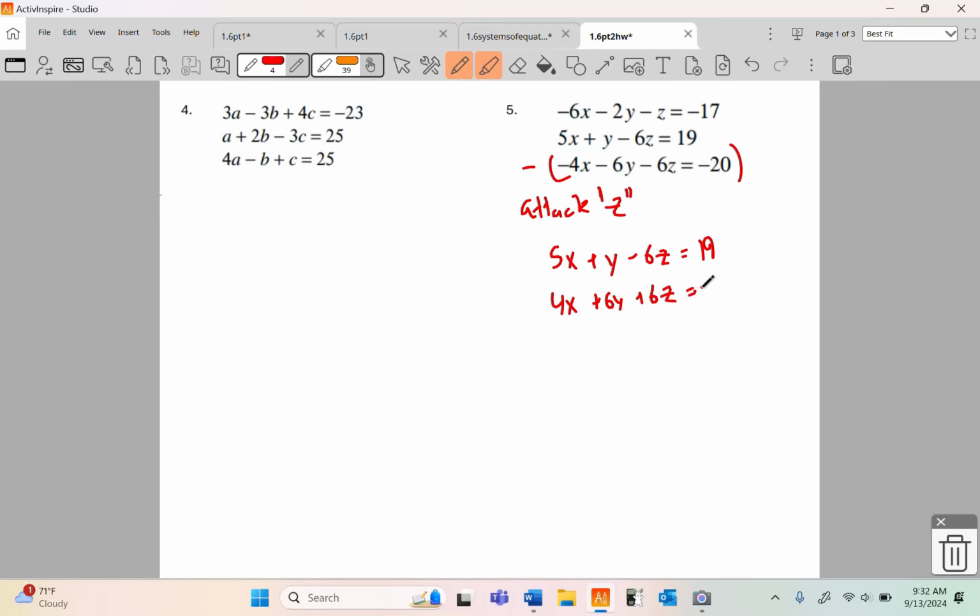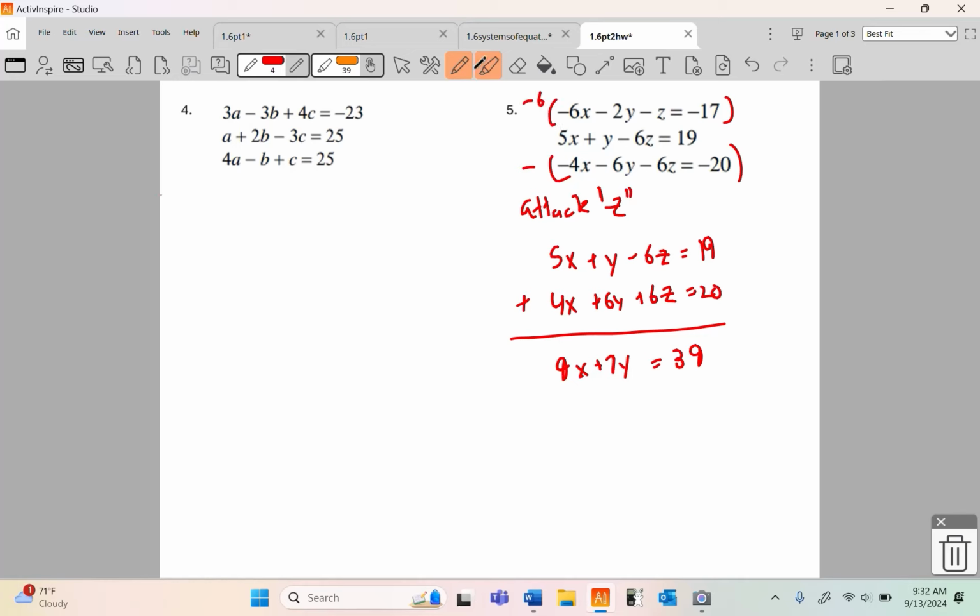Make sure I didn't make any mistakes. I would have 9x plus 7y, no z's, equal to 39. And remember, you got to do it twice. Okay, so I've got to do it again. Maybe I shouldn't have picked z, but this time I'm going to take the top and multiply it by -6.